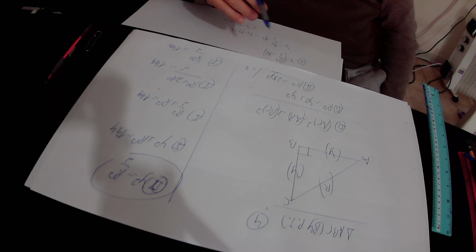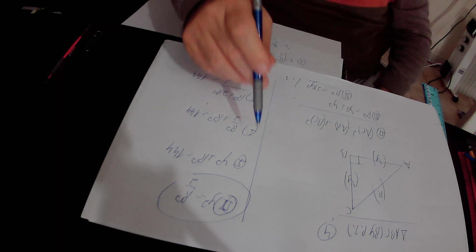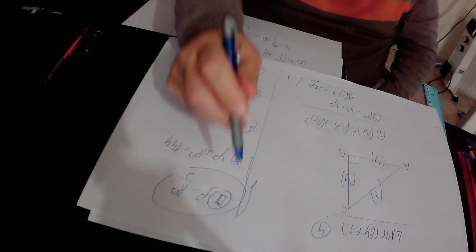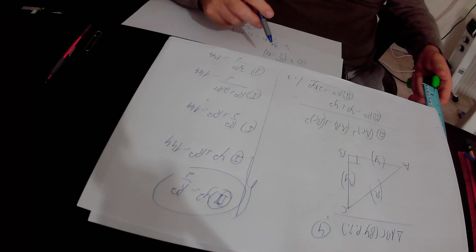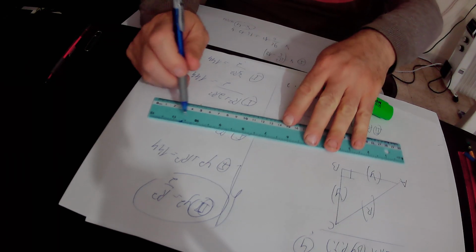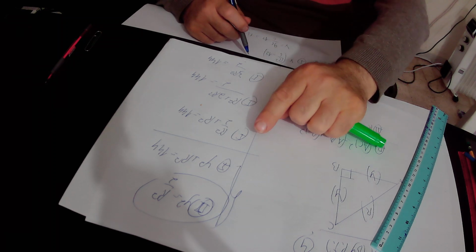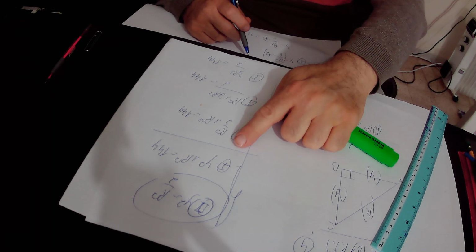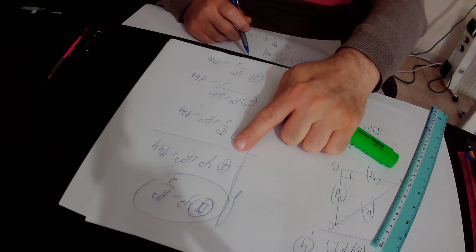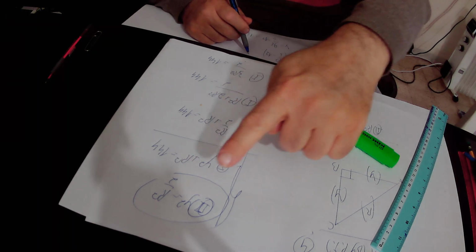This is according to equation 2, but according to equation 1, we already found that y squared plus R squared equals 144. So we can substitute y squared in equation 1 by R squared over 2 from equation 2.